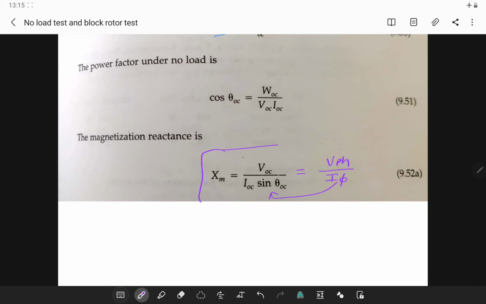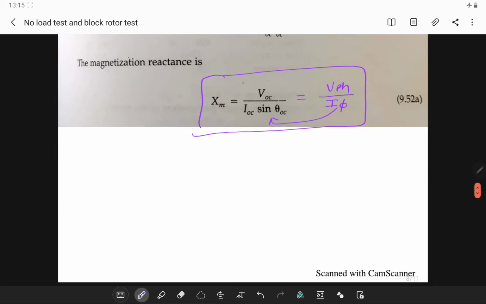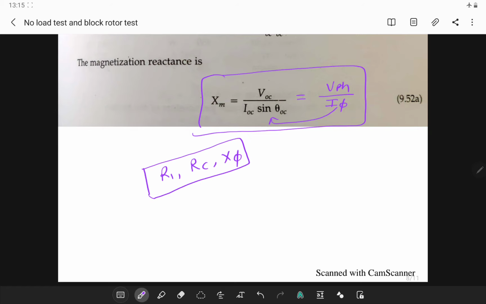So I have found the value of RC and XM. Okay, so this is all about no load test.